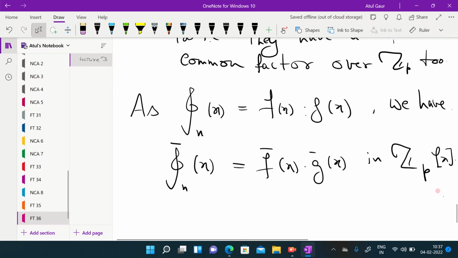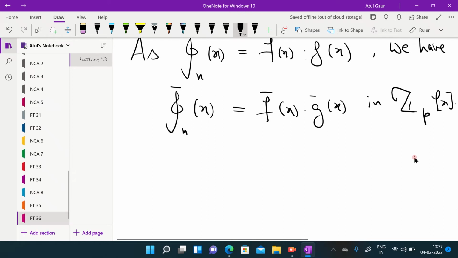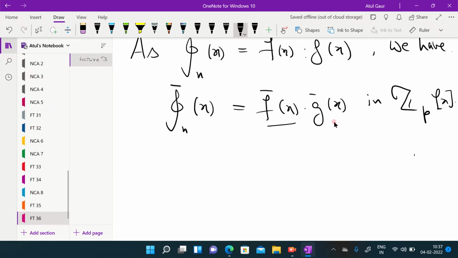All right. So now come back to this. F bar and G bar have a non-trivial common factor over Z_p, right? That means these two have some common factor. Common factor means that phi n bar has a repeated root.